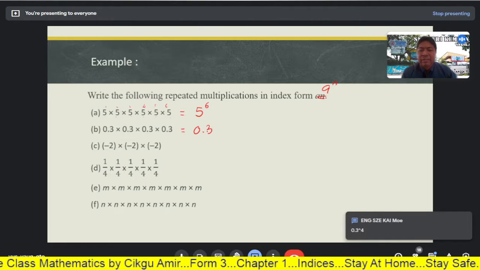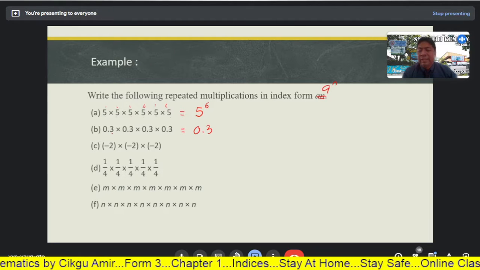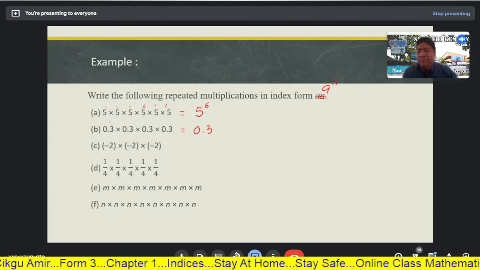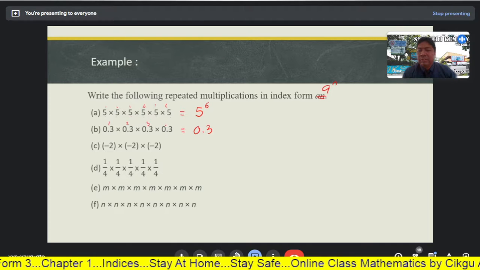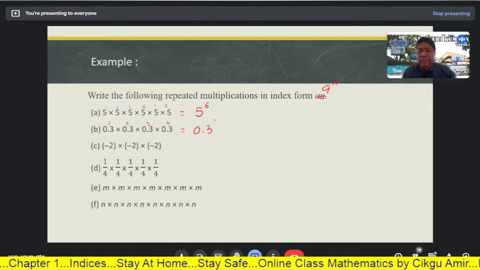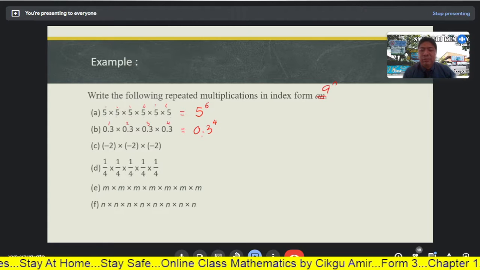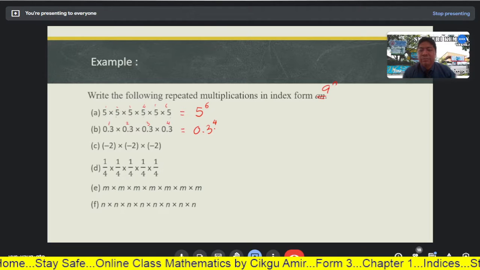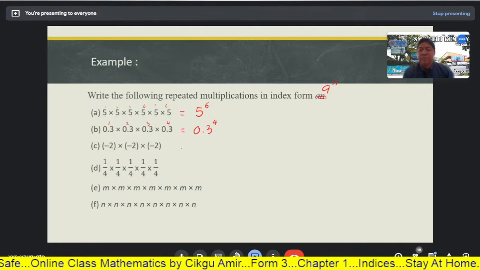The index, or the power, is 1, 2, 3, 4. So the index is 4, and the answer we have is 0.3 to the power of 4. This is B.